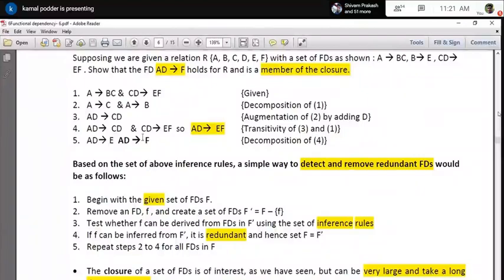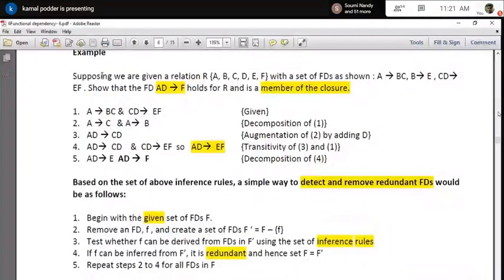As soon as I get this one, I can stop here, no problem. Otherwise, we have to find all other possible FDs, and it might be a very lengthy procedure. Here the objective is to say whether that particular FD holds in R or not. As soon as you find that particular FD in this result set, you can say that yes, it exists.